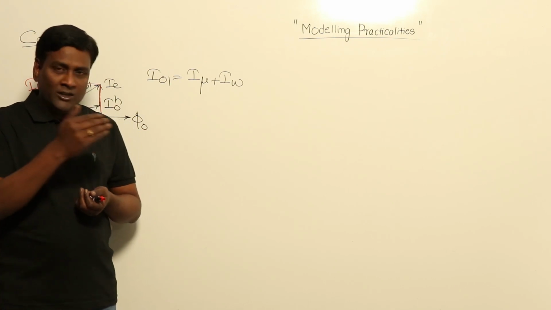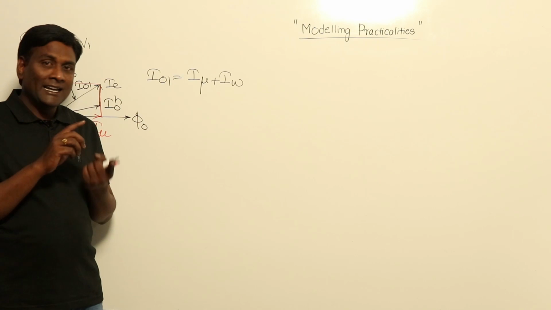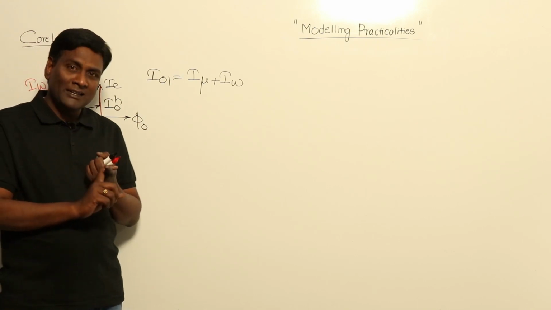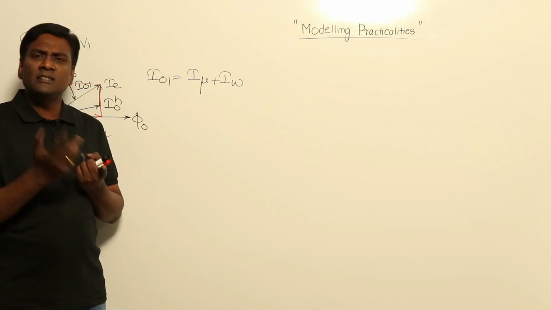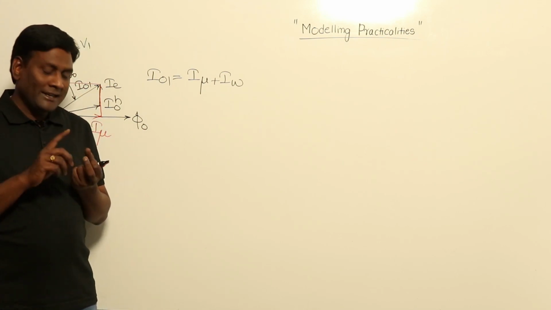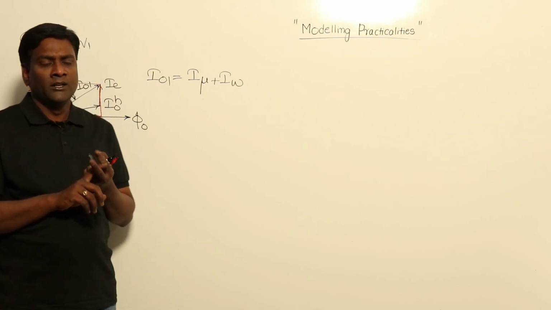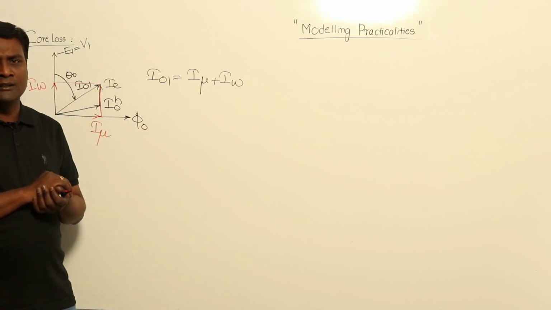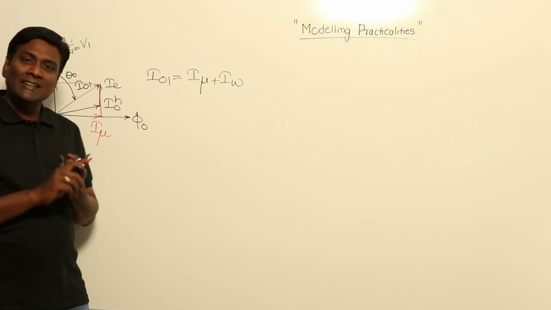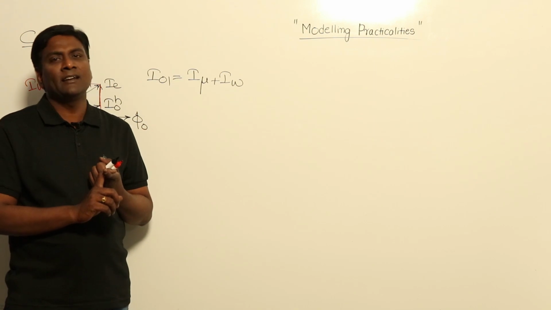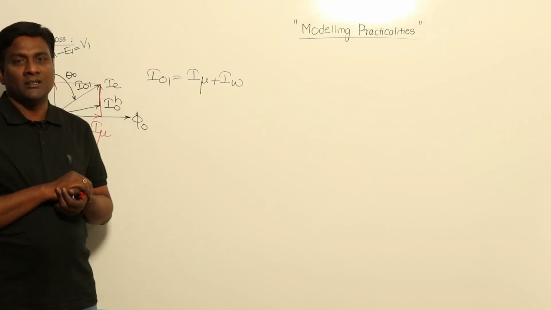Copper is non-magnetic, so hysteresis losses will not be there, and as it is an electrical conductor, eddy current losses will be there. Iron is an electrical conductor, so eddy current loss will be there, and a magnetic material, so compulsorily hysteresis loss will be there.